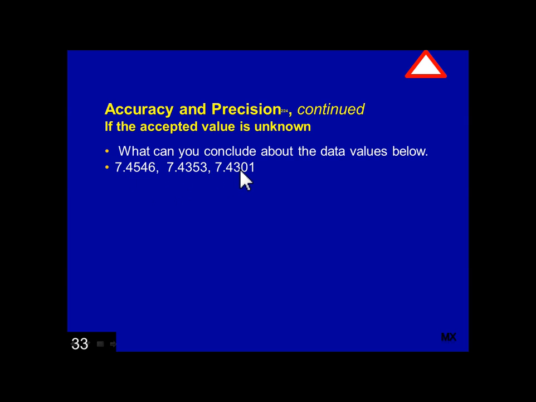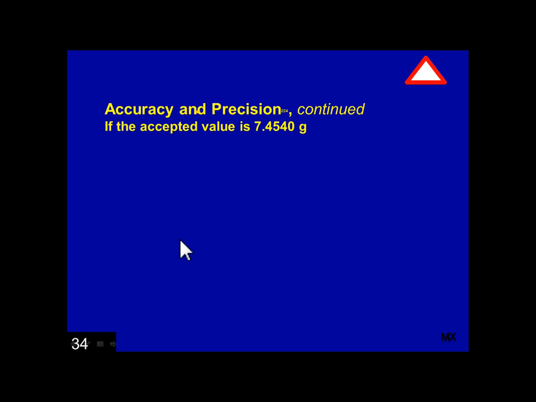Now there's another 3. So how would you fill in the blanks here? You would say they have poor precision because they're not as close as you would expect them to be for a scientist using a triple beam balance, and their accuracy is unknown because you don't know what the accepted value is, so you can't say anything about the accuracy.